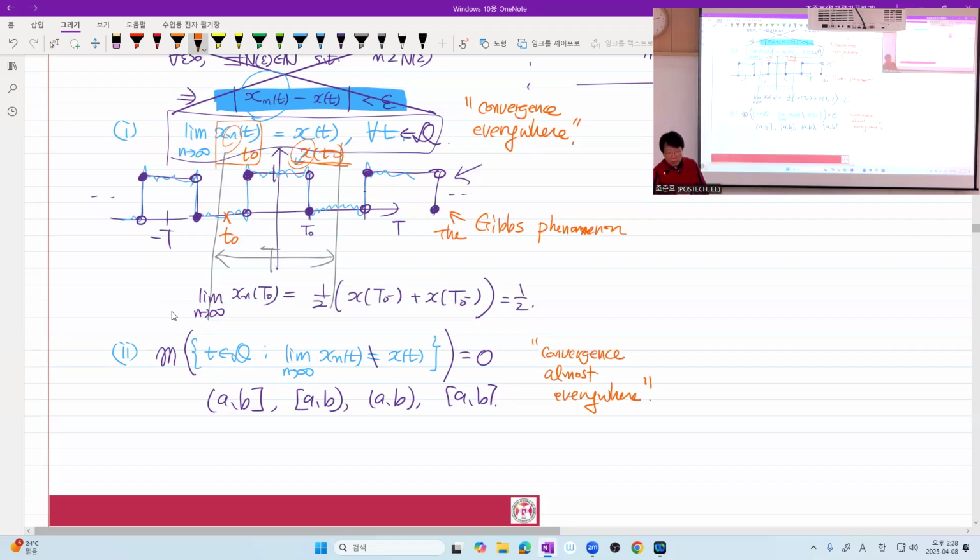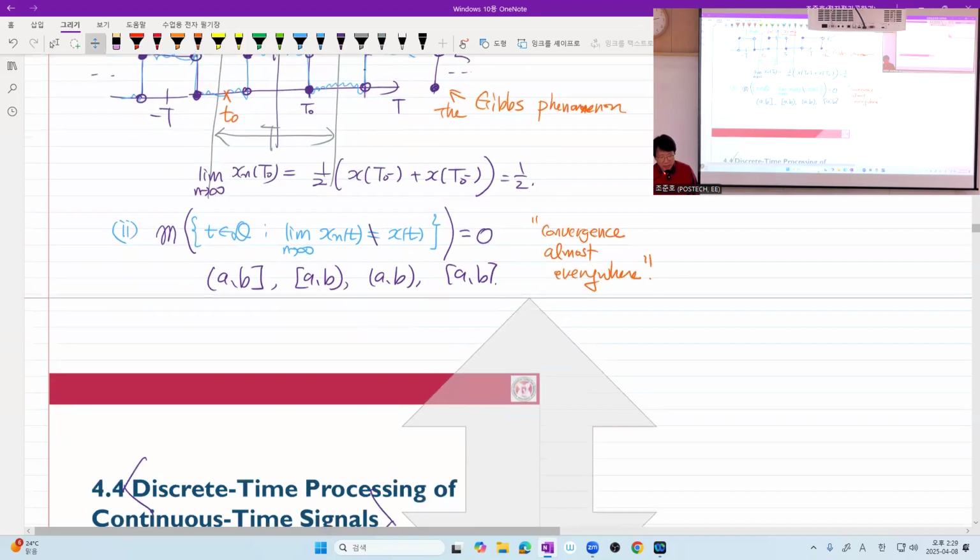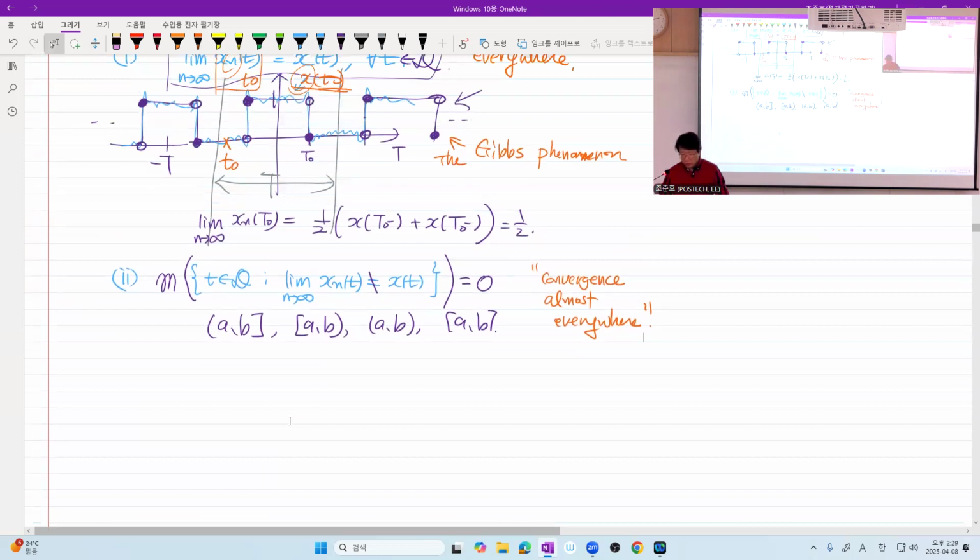The problem is that convergence almost everywhere, seemingly useful for engineers and scientists, but they have found that it's too restrictive. So people have defined another one. It's more, how to say, an engineer's idea. So here goes the third definition.